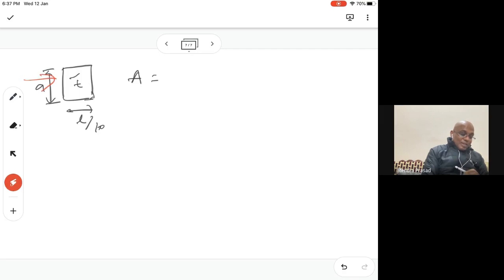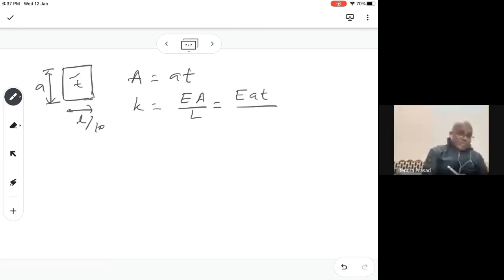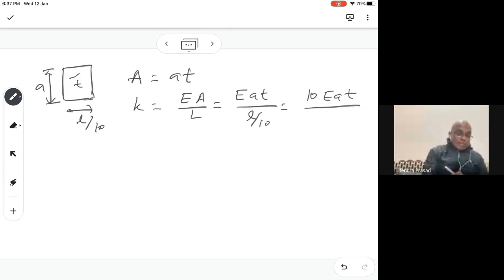If you look from this side, it will look like this: A times T, small a times T. Because T is the thickness, A times T is the area. You know that k equals EA over L, and in this case A is aT and L is L over 10, and what you get is 10 EaT over L.